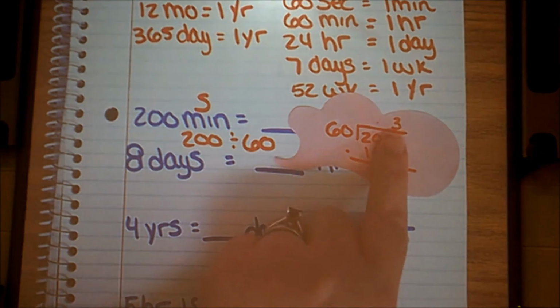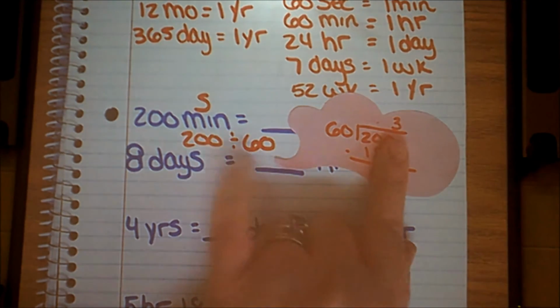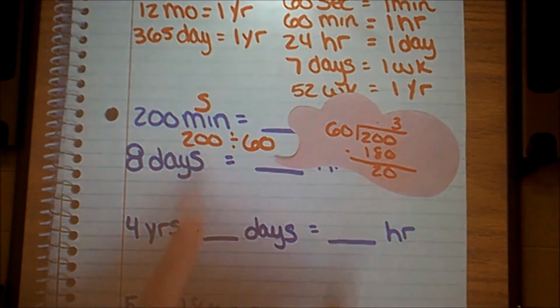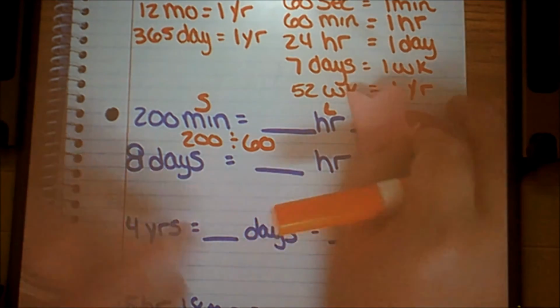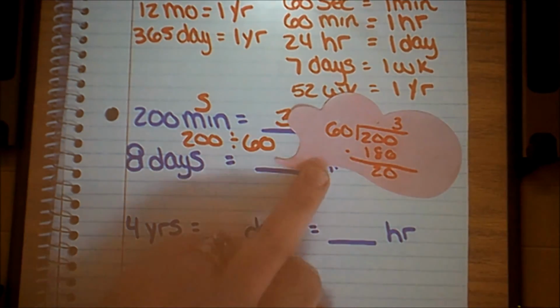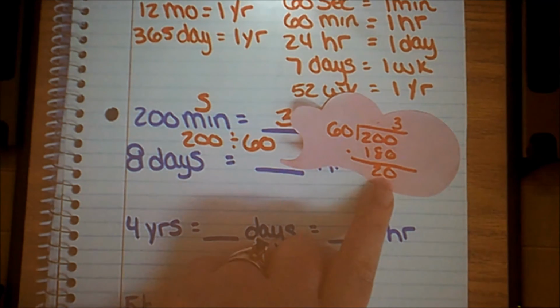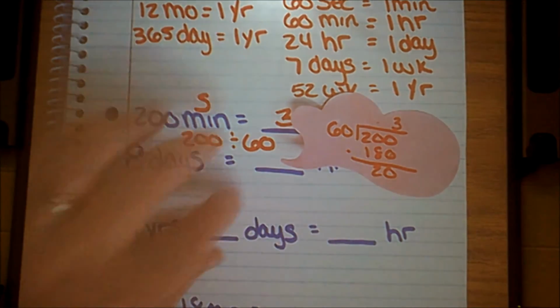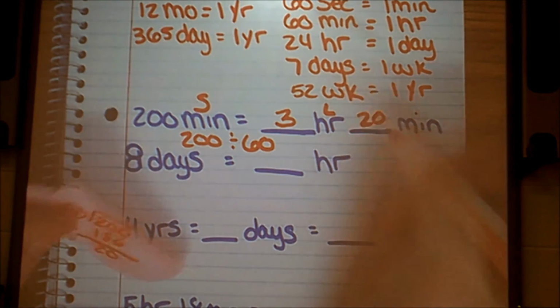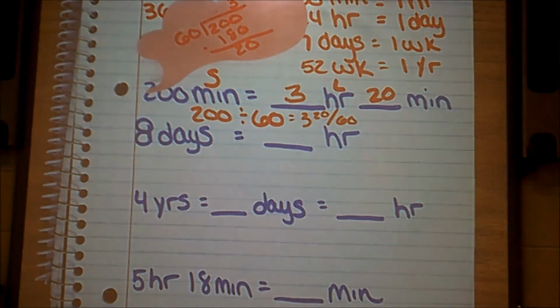So my 3 here is going to be the amount of hours that are in 200 minutes. There are 3 entire hours in 200 minutes. And then my leftovers are going to represent the amount of minutes. So in 200 minutes, there are 3 hours and 20 minutes.